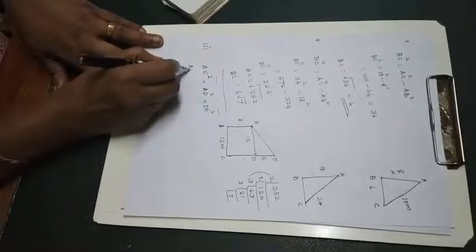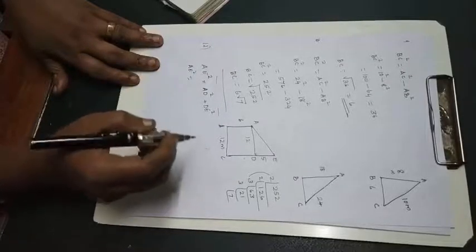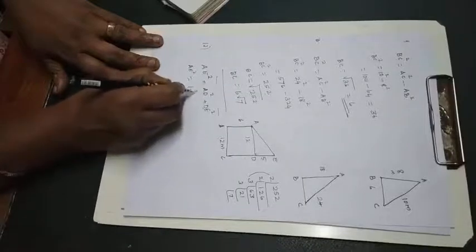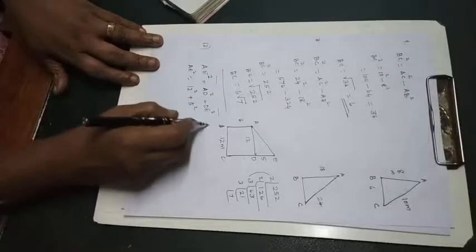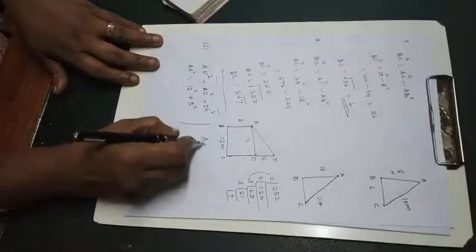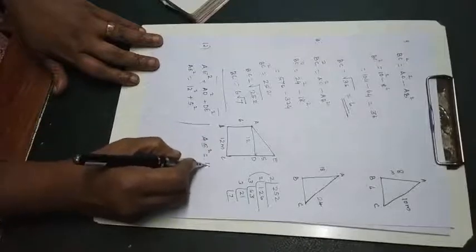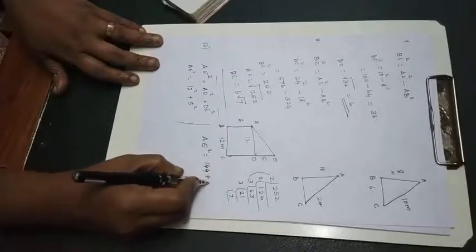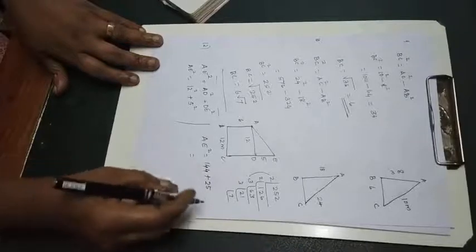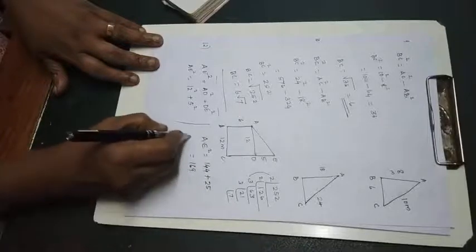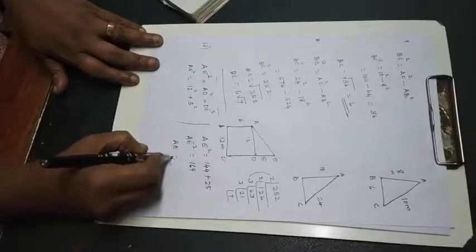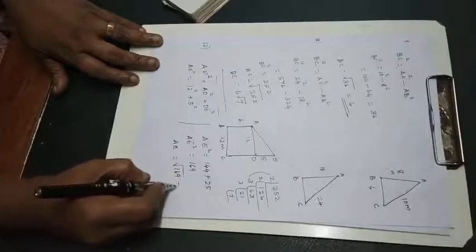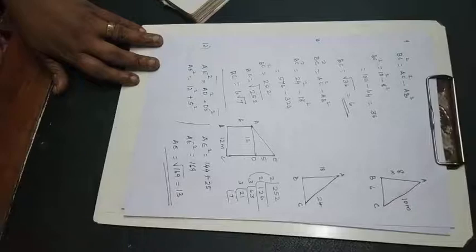So AE square is equal to AD, that is 12 square, plus 5 square. 12 square we know that is 144 and 5 square is 25. 144 plus 25, 169. AE square is equal to 169. So AE will be equal to root of 169, that is equal to 13. So that is also solved.